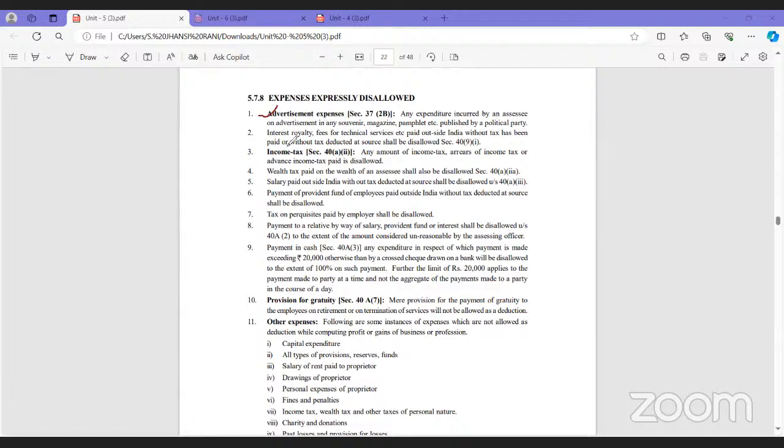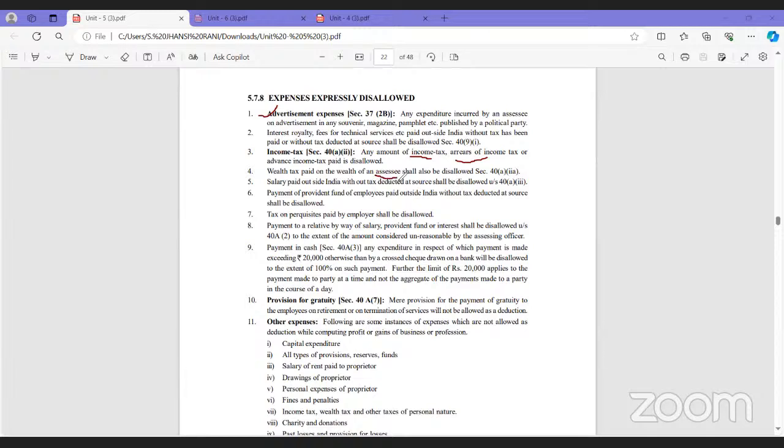Next, interest, royalty, or fees for technical services paid outside India without tax deducted at source will also be treated as disallowed expenditure. Similarly, income tax, wealth tax: we have studied just now that income tax, arrears of income tax and advance income tax all come under disallowed expenses. Wealth tax paid by an SSE.